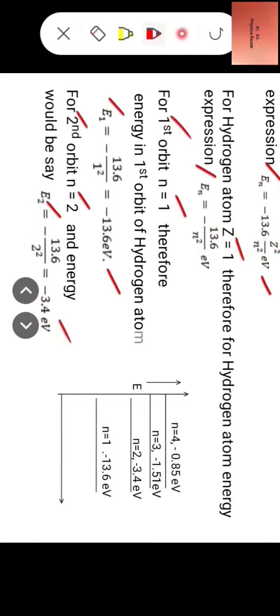Now here you look at the diagram. Here N is equal to 1 and energy is minus 13.6 electron volts. This is first energy level. N is equal to 2, energy is minus 3.4 electron volt, and it is the second energy level of hydrogen atom.